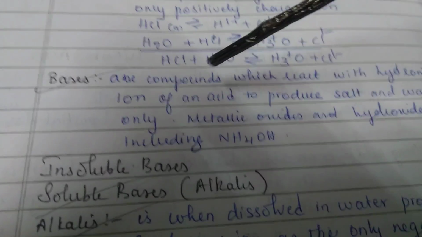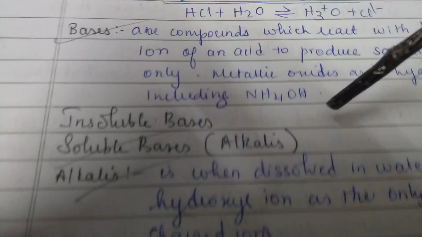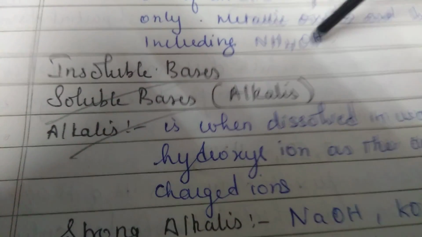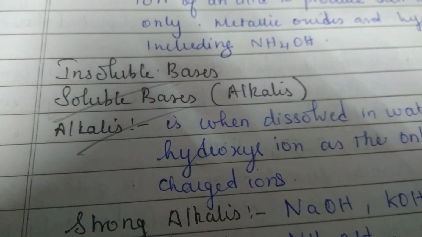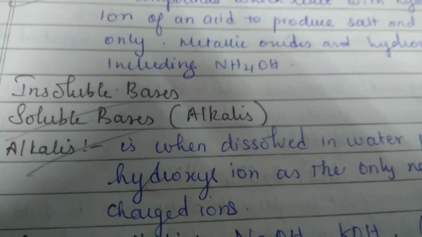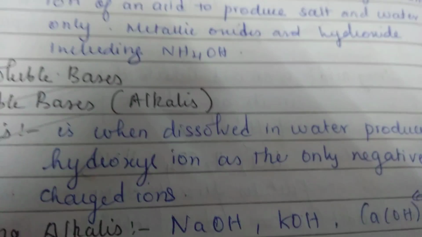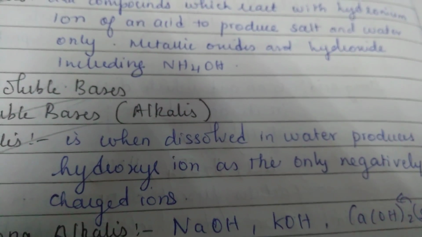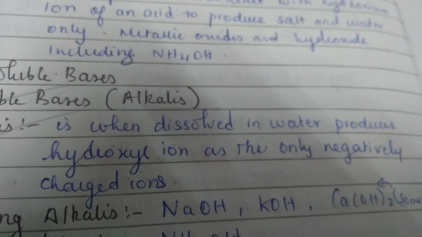Now, bases are of two types on the basis of solubility. One is the insoluble base, and soluble bases are called alkalis. Alkalis are compounds which, when dissolved in water, produce hydroxyl ion as the only negatively charged ion.